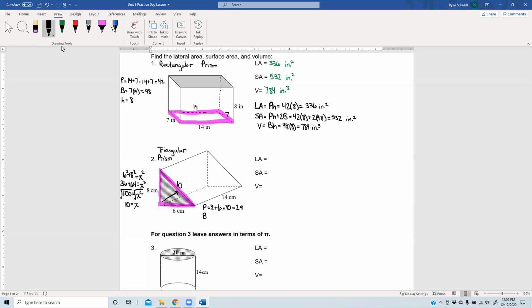Then I need the area of my base. The base is a triangle. So remember, for a triangle, we have to do 1/2 BH. And this H is the height of the triangle, not the prism. So 1/2 of 8 times 6.